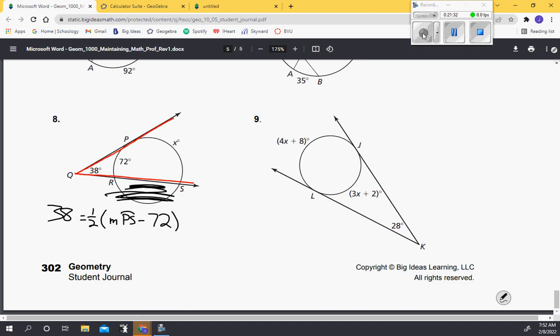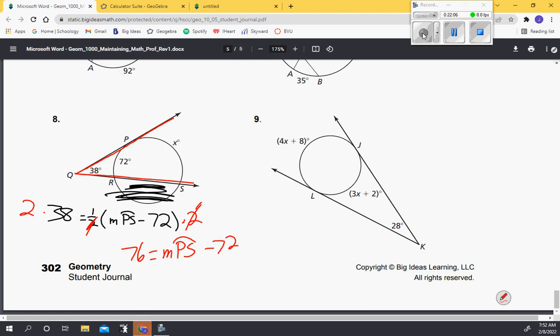If I do this algebraically, what I'm going to do is multiply both sides by 2. Why is that? Because this 2 goes away, this 2 goes away, and we're left with just PS minus 72. 38 times 2 is 76. 76 is equal to the measure of arc PS, which is what we want, minus 72.